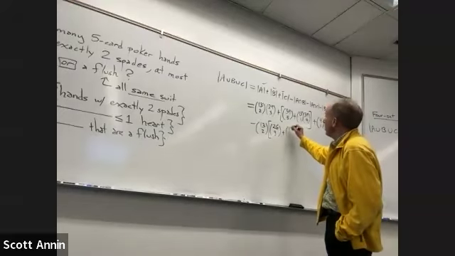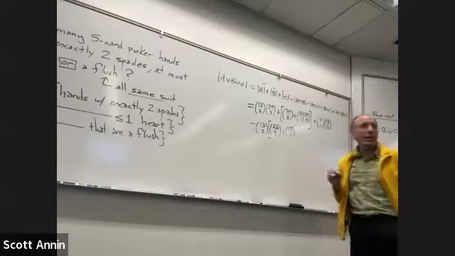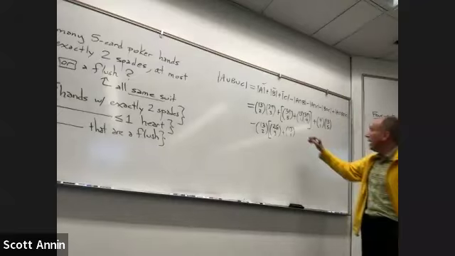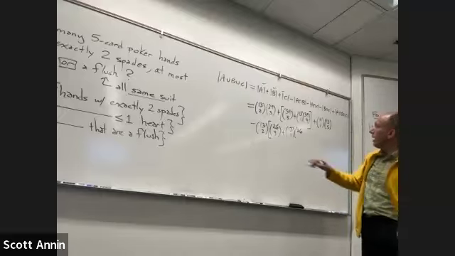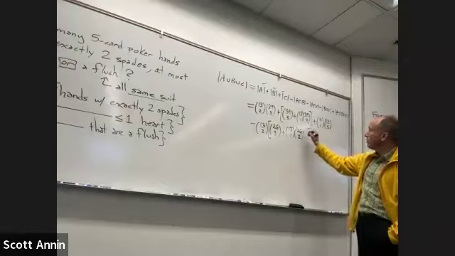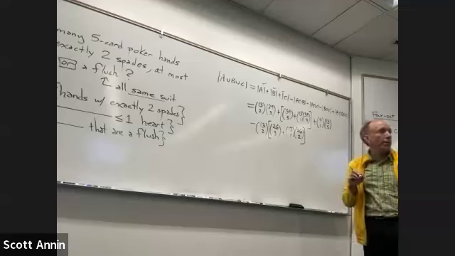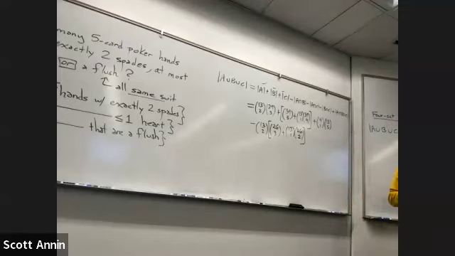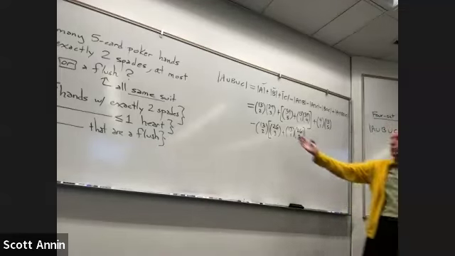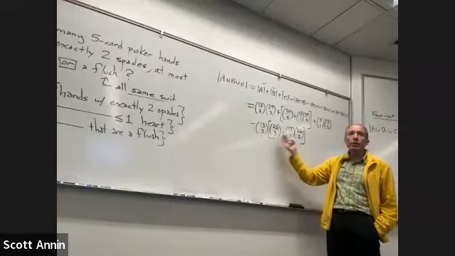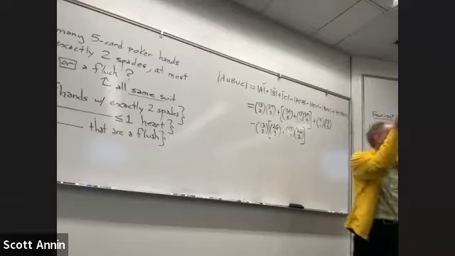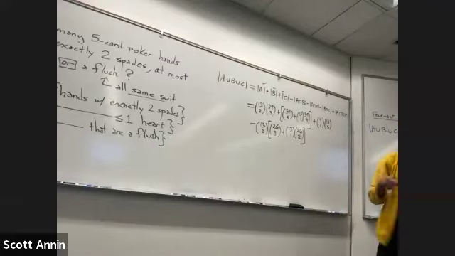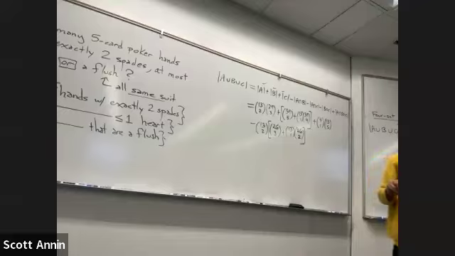Or I could choose 1 heart, there would be 13 hearts to choose 1 from, and then from the diamonds and clubs, I would choose only 2 other cards. You with me? Yep. Because I already got the 2 spades, now I'm just choosing 3 other cards. A good thing for you guys to do maybe later tonight is to go back and write little reasons for each of these. I'm not doing that here because I'm running short of time. But that's A intersect B.